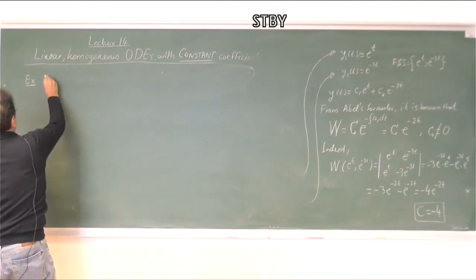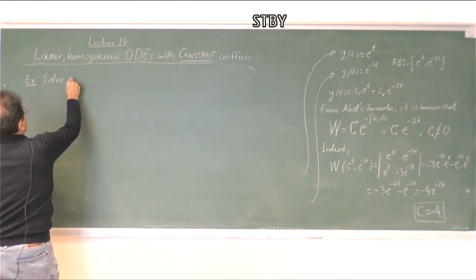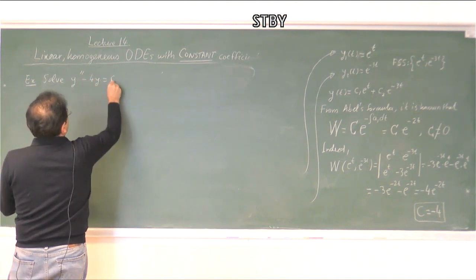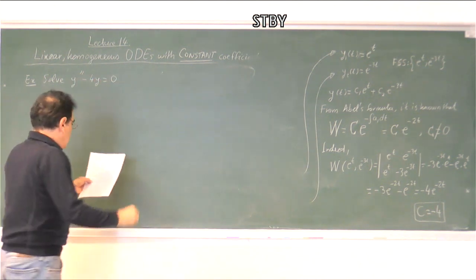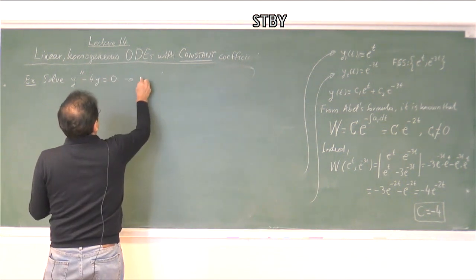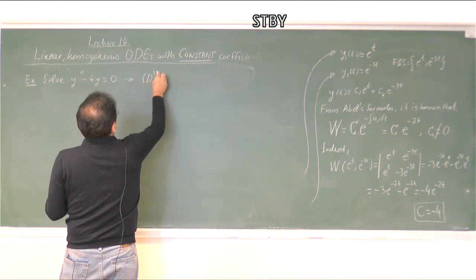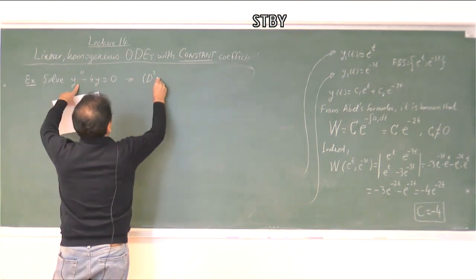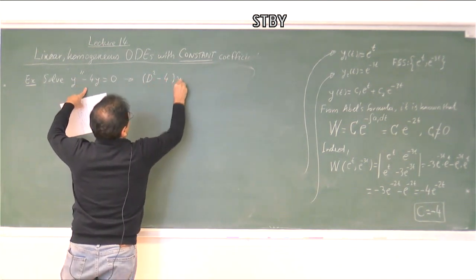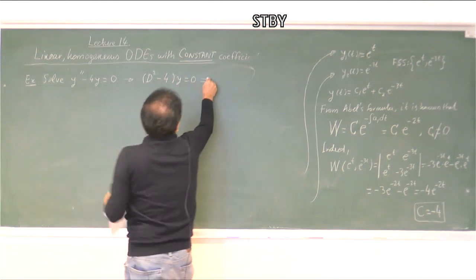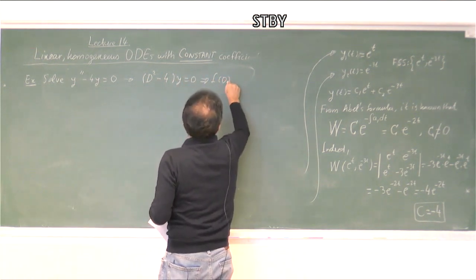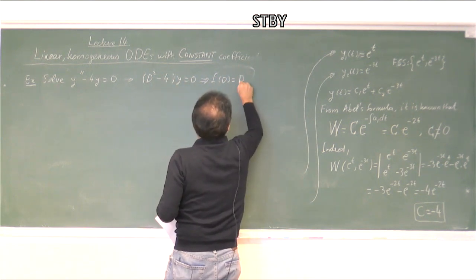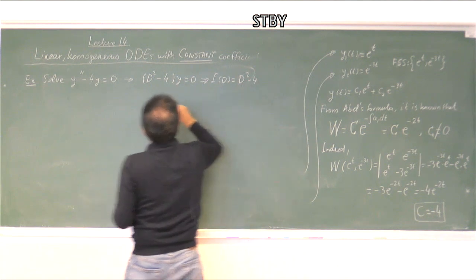One more, solve this: y double prime minus 4y equal to 0. Obviously we can write the equation as d squared y minus 4y equal to 0. So L of d, the differential operator in this case, is d squared minus 4.